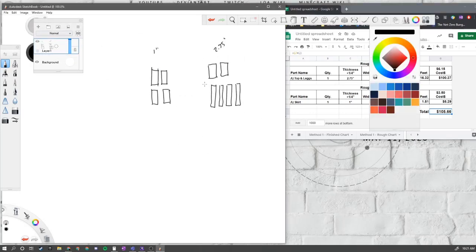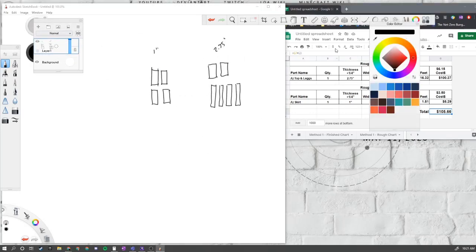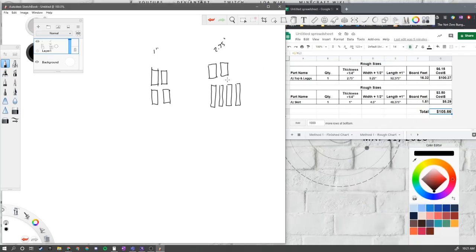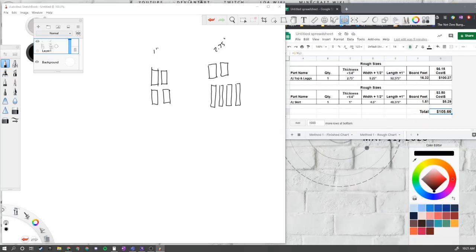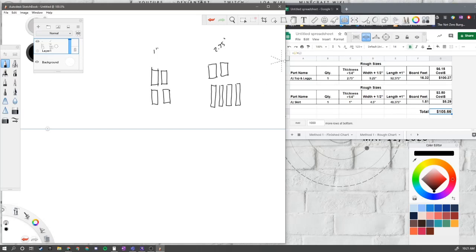Okay. So if we look at the thicknesses, I have that already accounted for, 2 3/4 and 1 inch. The width, okay, so if I'm taking a look at the leg, actually, let me go back to the previous chart. There we go.